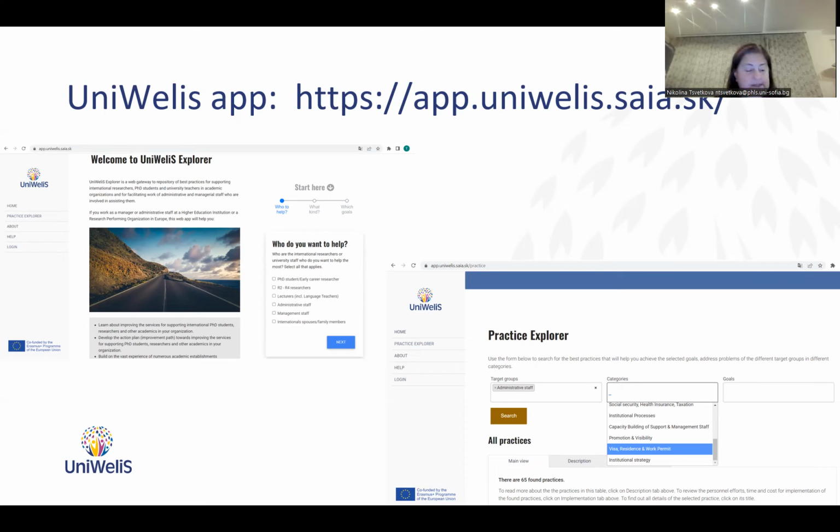In the next slides, we will investigate several best practices. First, we will look at a best practice called How to Find Accommodation, collaboration with external partners and customized assistance in offering accommodation. Second, we'll look at customized assistance, visa and residence permit.